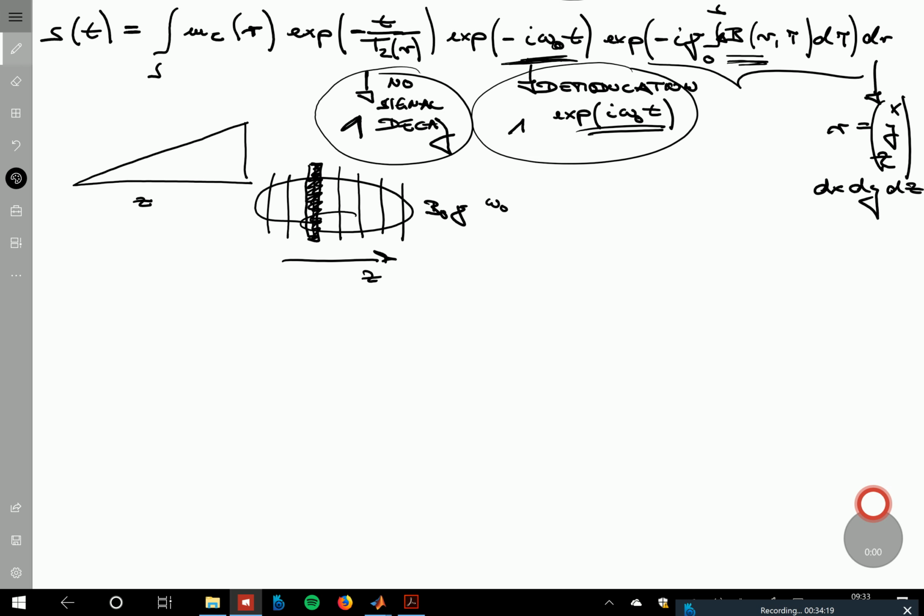You can also view it as follows. Here, these are obviously three integrals, dx, dy, dz, and we perform this integration with regards to z, and then we are left with an integral with respect to x and y.